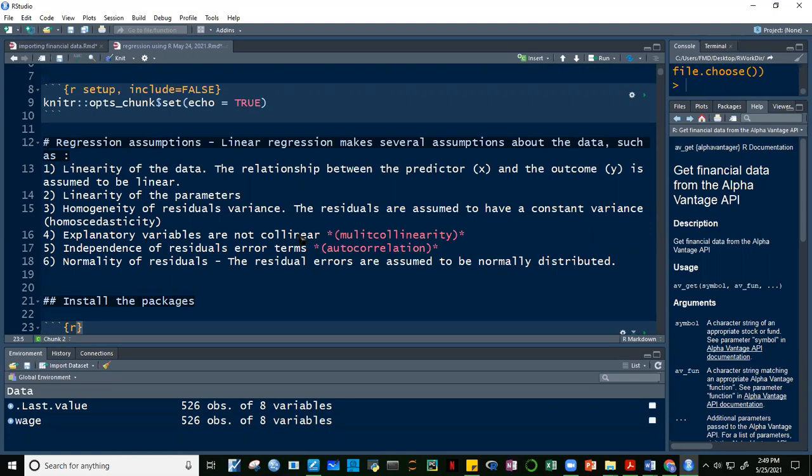Kasi kunyari piniplot natin, nag-create tayo ng scatter plot. Sabihin natin si education sa x-axis, sa y-axis si hourly wage. Okay, we're taking a look at those two variables. Tapos lumalabas na ang relationship nila is quadratic. So it doesn't make sense, guys, to model the relationship of the two variables using linear regression.